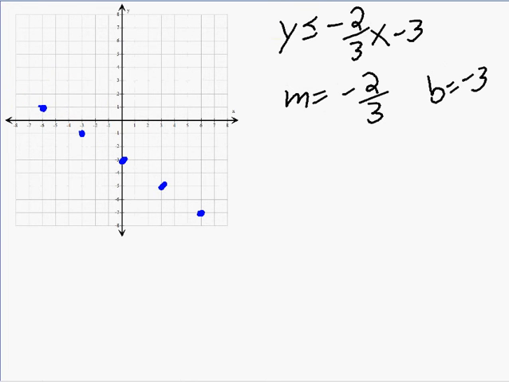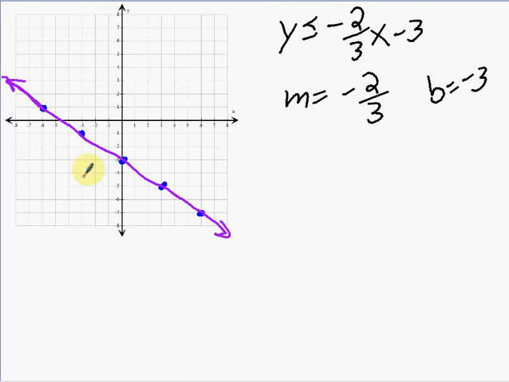That's good. Now I'm going to go up and look at my inequality symbol, and I see that it has that equal to bar, so that gives me the okay to go ahead and make my line solid. You'll see in the next two examples we do that it's going to be a dotted line. Now I just have to figure out where I'm going to shade, and I see that it's less than.